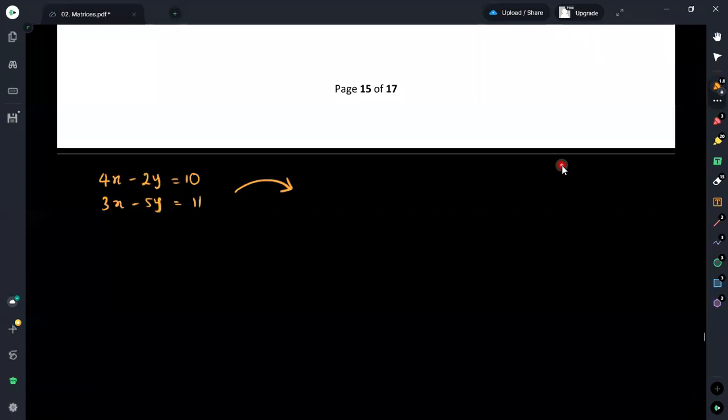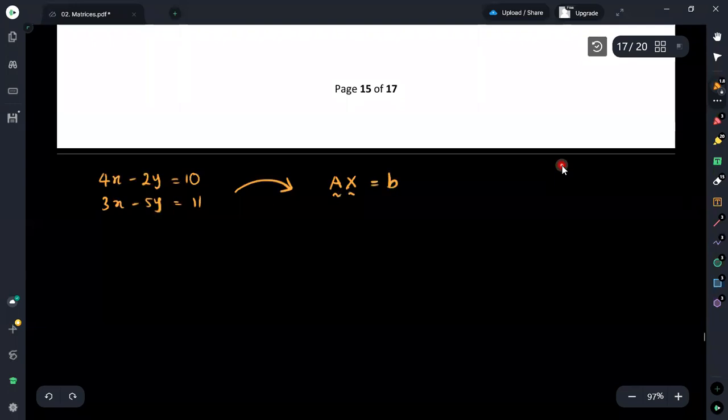Once converted, we get it in the form Ax equals B, where x is a vector containing the variables, B is a vector containing the constant terms of the system, and A is the coefficient matrix, which contains the coefficients of the variables.